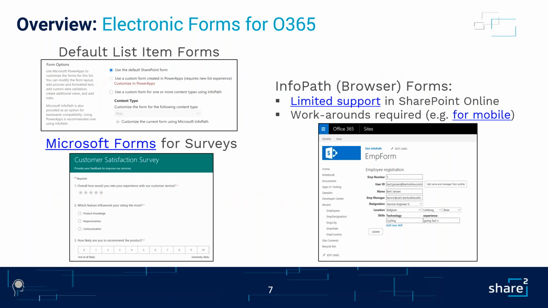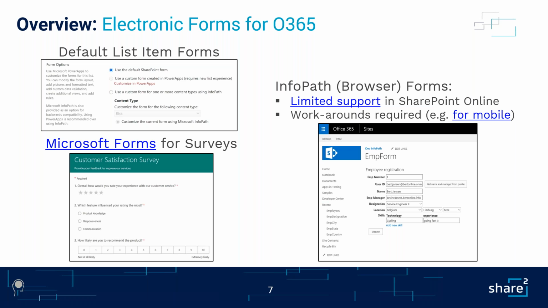So these are kind of some of the older options. I don't know if you can see the default list forms. This is when you create a list in SharePoint, you automatically get a form for it, and this is the option where you select that. And if you can see, the options are to use the default SharePoint form. There's also an InfoPath option. So moving to the right, you can use InfoPath. That's still supported in SharePoint Online, but there is limited support.